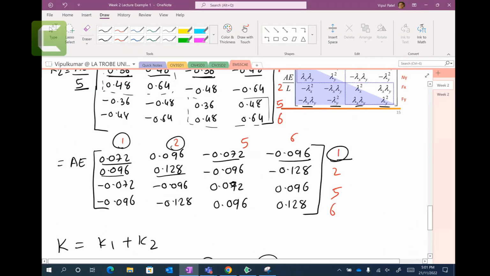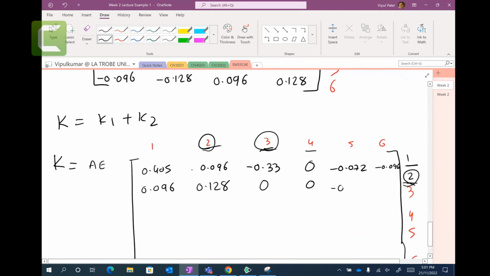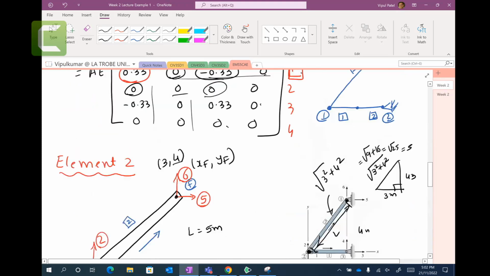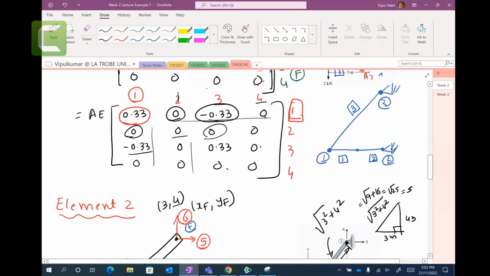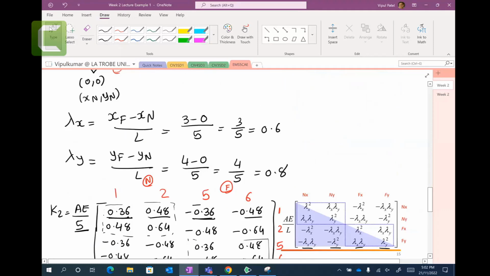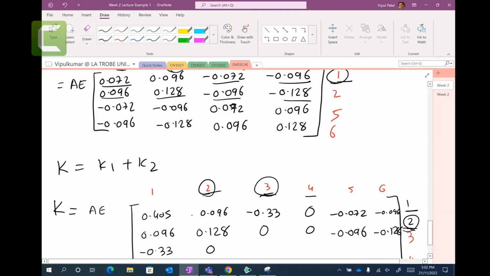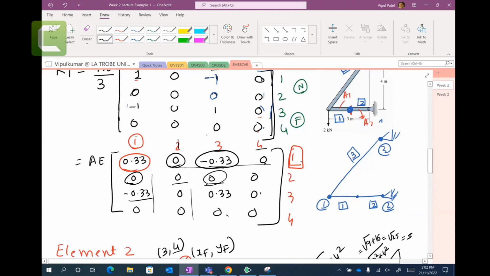5, 2: only 5, 2 is here. 6, 2 is here. Minus 0.096 and minus 0.128. 3, 1. Go here, 3, 1, minus 43. 3, 2, 0.